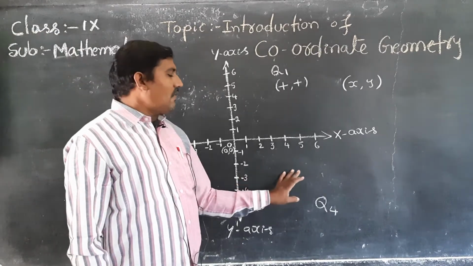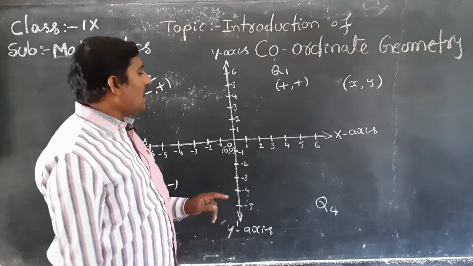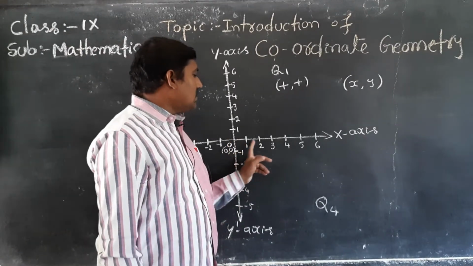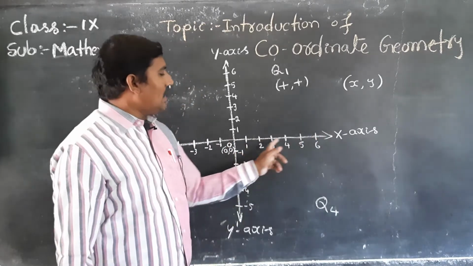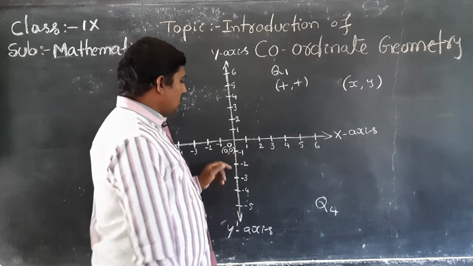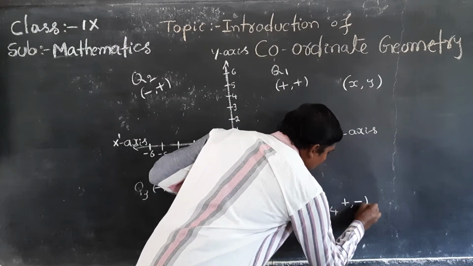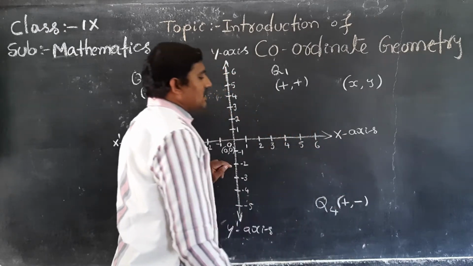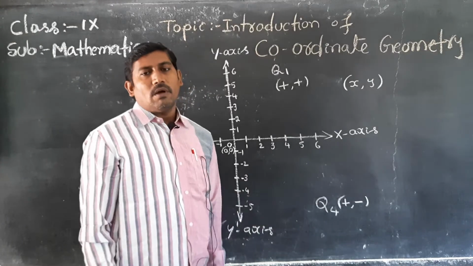What about quadrant 4? Here the x values are positive and the y values are negative. So plus comma minus values come under quadrant 4.